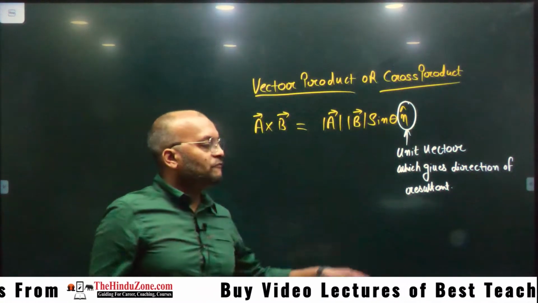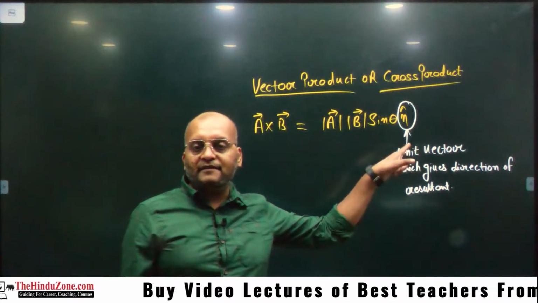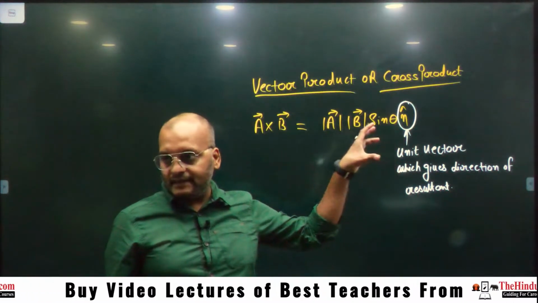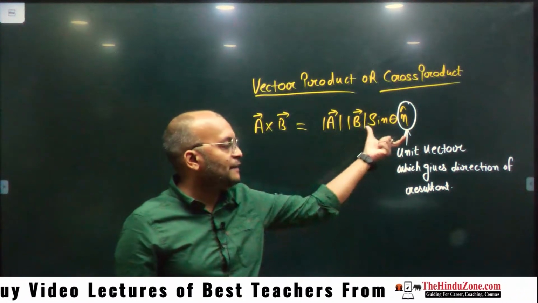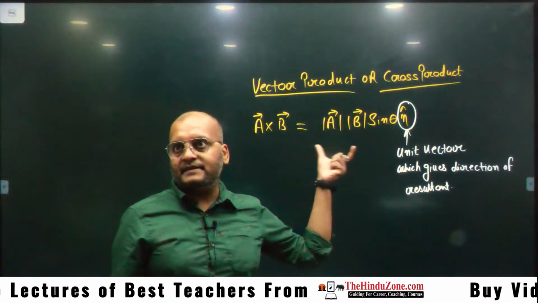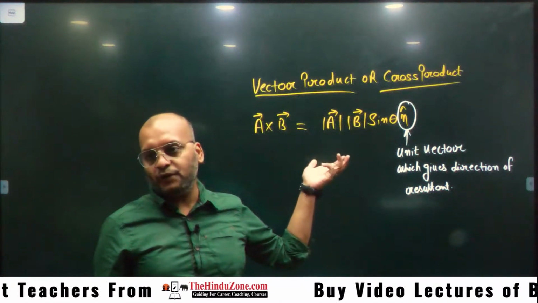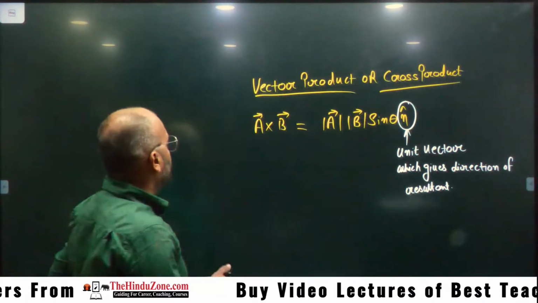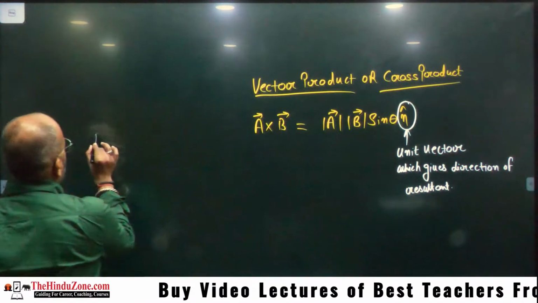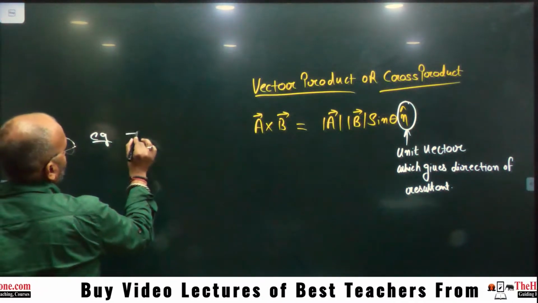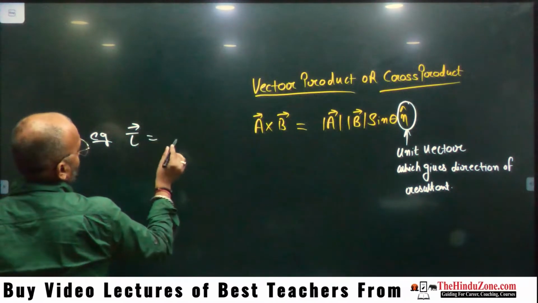Since here we have got a unit vector which is giving us the direction, that means that this thing that we are obtaining is a vector quantity. Okay, it is a vector quantity. For example, you can take the example of torque. What is torque?